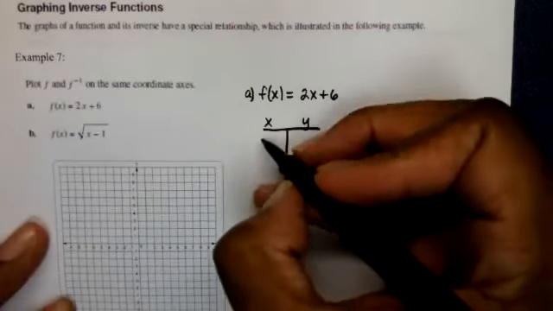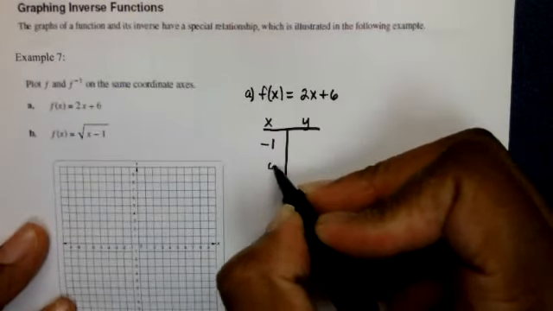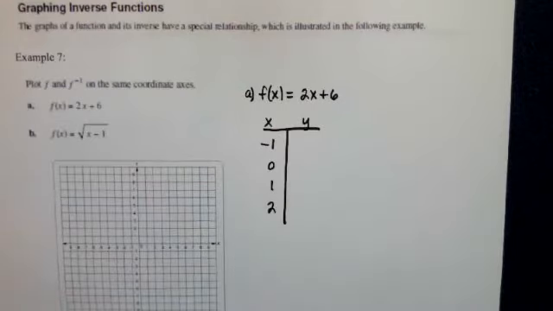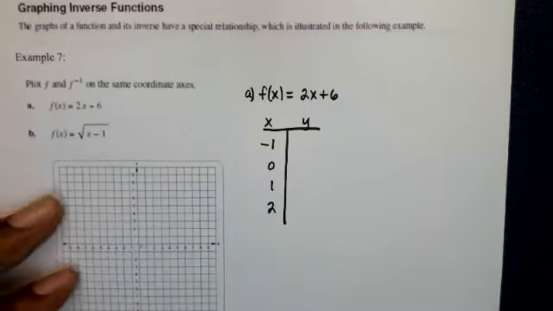And I'm going to pick values like, let's say, -1, 0, 1, and 2. And in this case, we just substitute those values in for x to find out what f of x is.